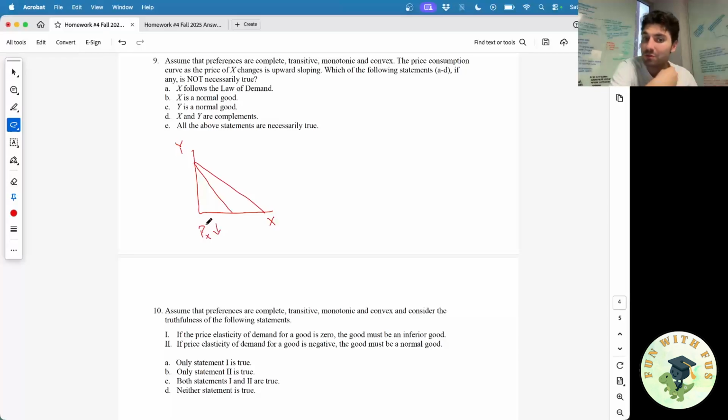And you too can roll with price of X decreasing if you like my style. So it is upward sloping, which means we have something that looks like this. Which means that as the price of X decreases, my Y increased and my X increased.